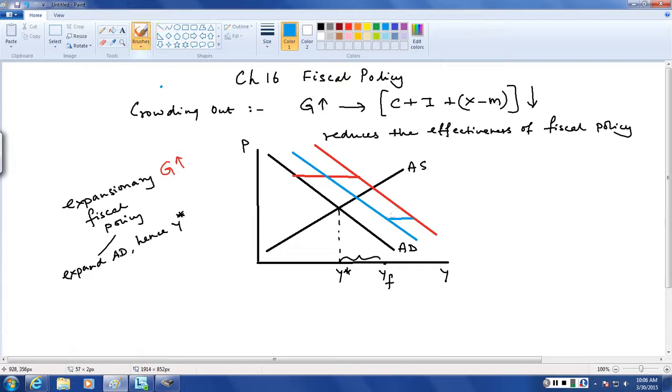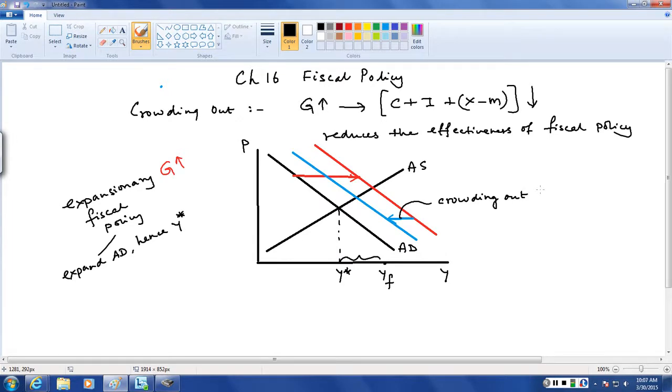So you might think of this as a two-stage move. We have a move from the black AD curve to the red one first, and then a movement back leftwards to the blue one. And this is because of crowding out, correct? So this movement here is because of crowding out, the fact that the other three spendings have gone down.